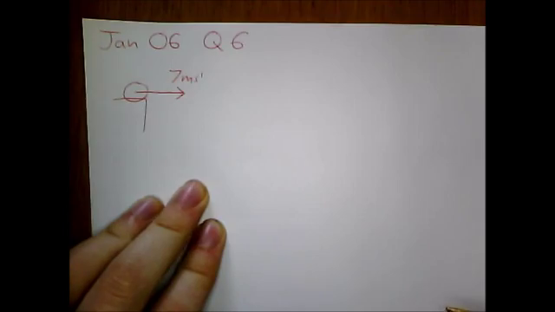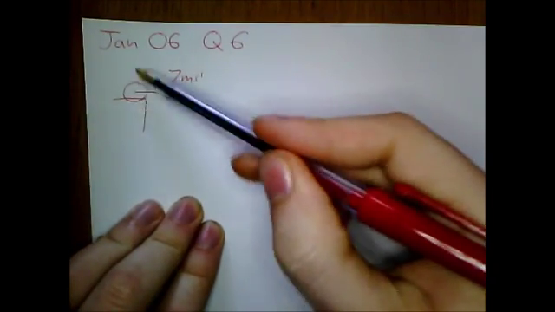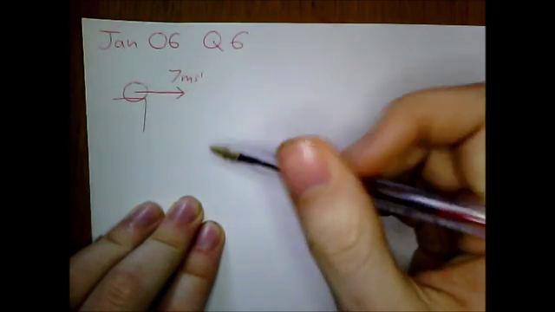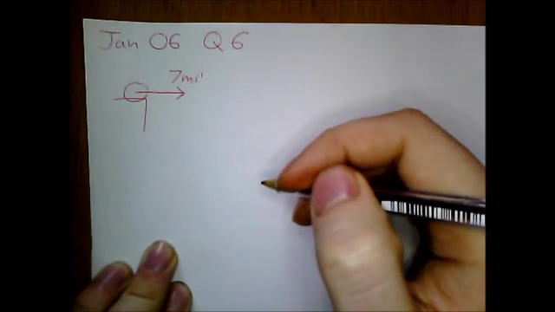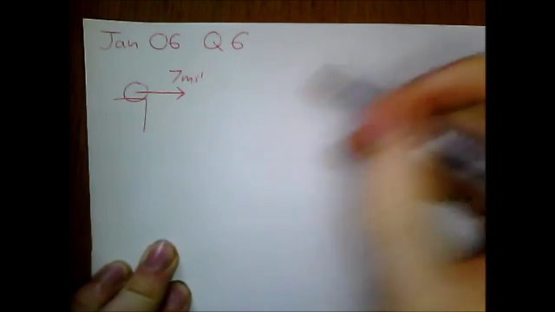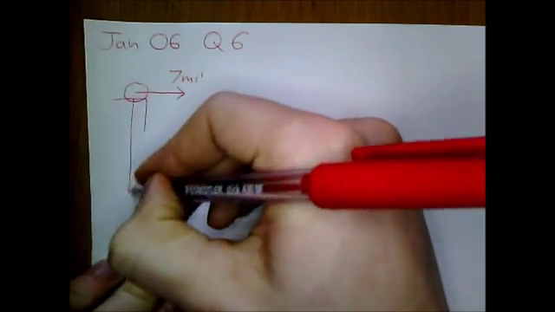Initially it starts with no vertical speed. And we know the displacement of this is going to be y.